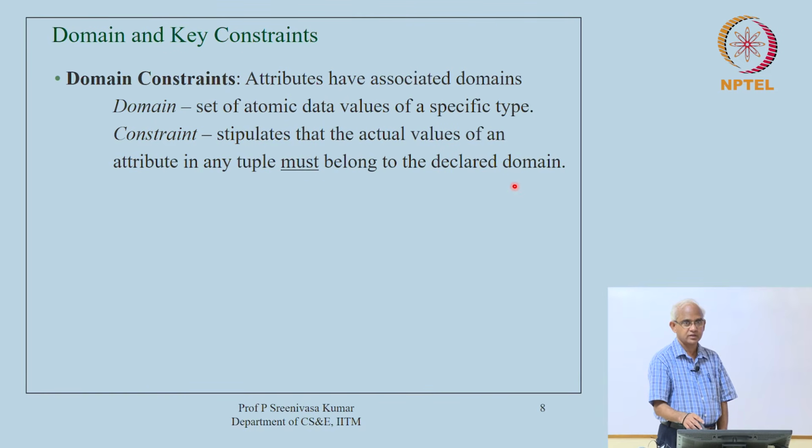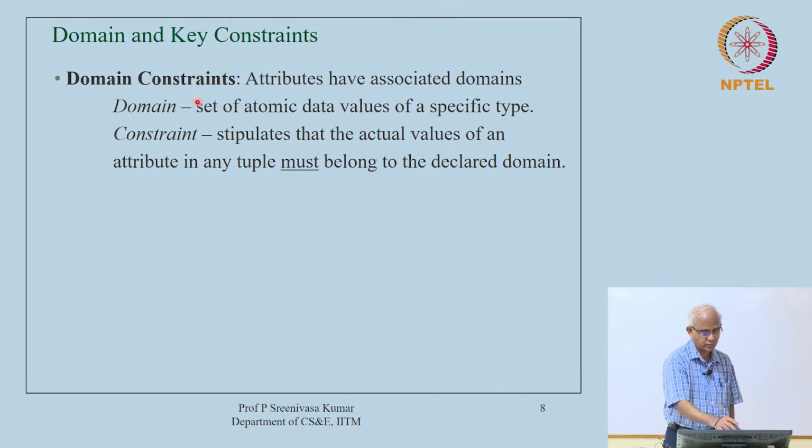So, that is the constraint. We would like to turn that information into this constraint, mainly because we would later on charge the relational database management system with the responsibility of maintaining and satisfying these constraints. Okay. So, that is the reason why we call them constraints.